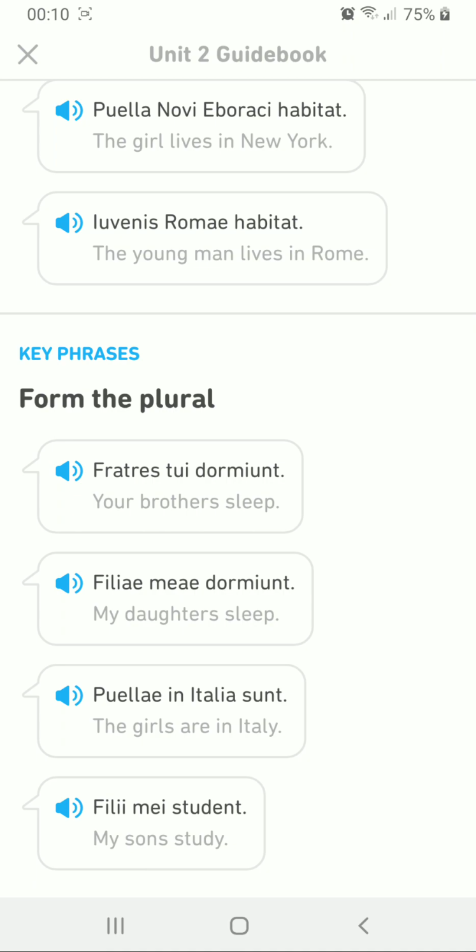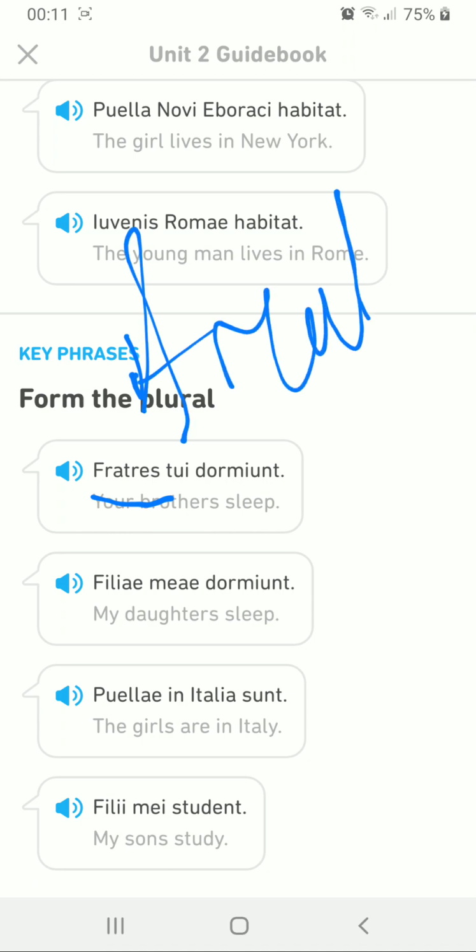Alright, this is not new, so we will just brush on it quickly. And now we have the plural, and we have fratres. Fratres tui dormiunt. Fratres, it's not frater. We had frater, brother, but brothers is going to be fratres.